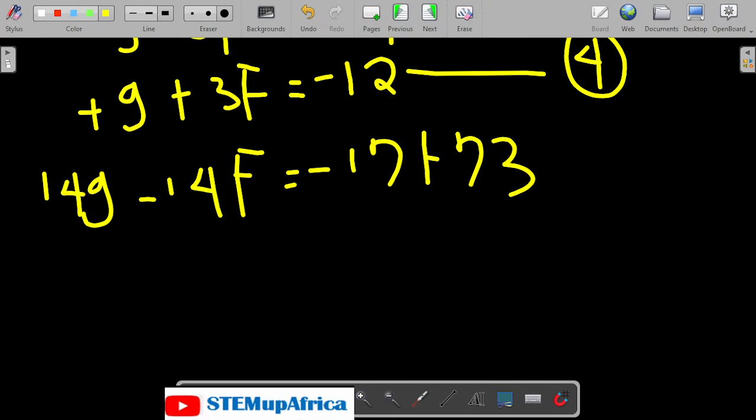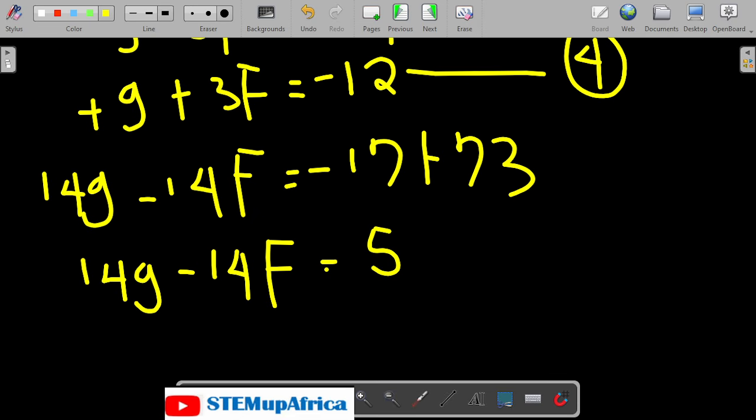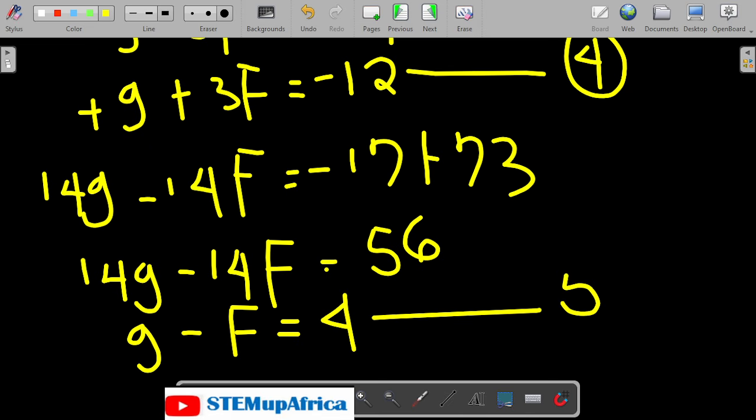That will give us 56. 14 can divide through, so I'm having g minus f is equals to 4. Equation 5.